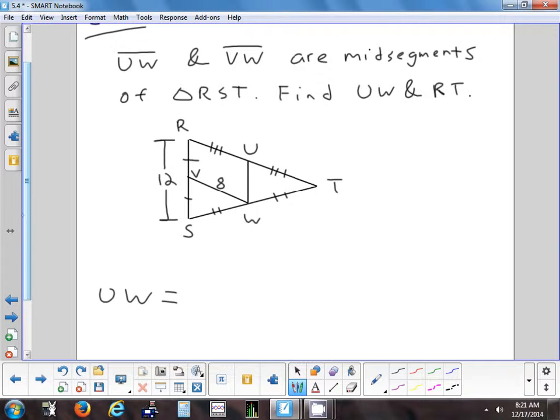Okay, anybody have a thought how long UW would be based on the theorem? Yeah? Yeah, it would be 6. We know that UW is half as long as the side it's across from, and it's also parallel, but we didn't need to know that here. And we also want to find RT.